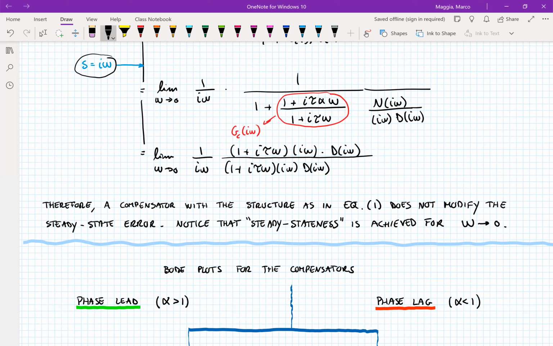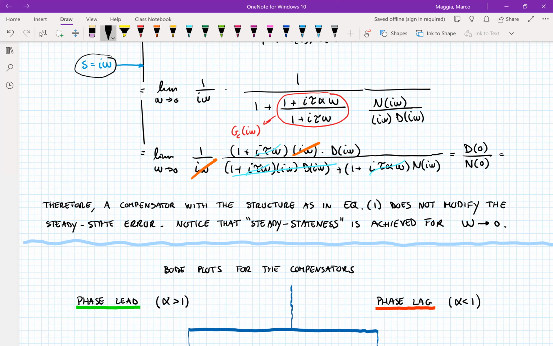Sorry, it's a little bit boring, just rewriting things. Okay, so now this goes away with this. And so if omega goes to 0, this goes away, this goes away. Actually, this whole thing goes away. So we're left with exactly d evaluated at 0 over n evaluated at 0.